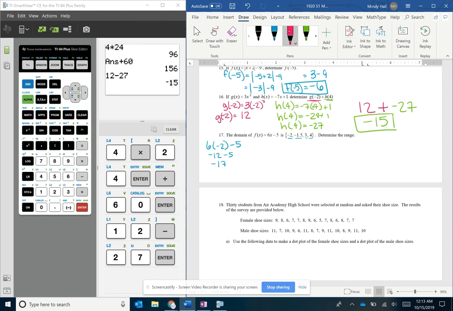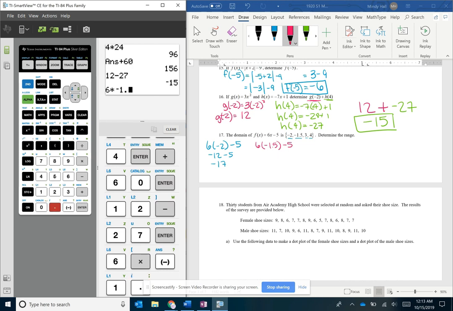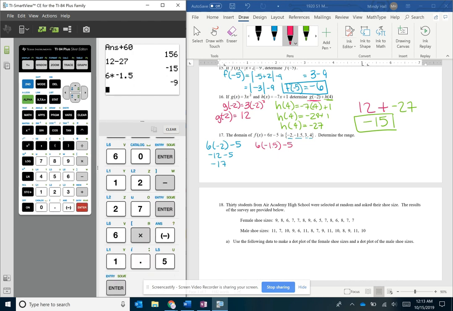Then if I plug in -1.5, I have 6 times -1.5 minus 5. Now I don't know what 6 times -1.5 is. That is -9.